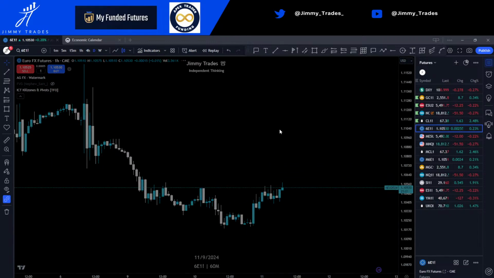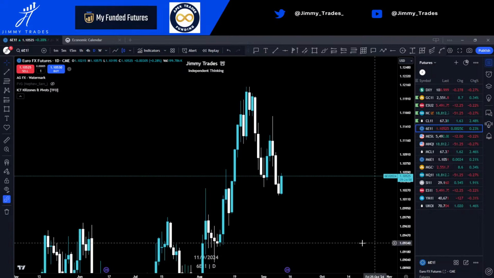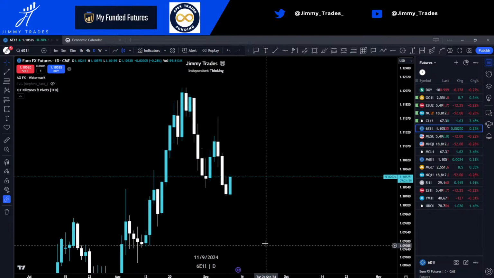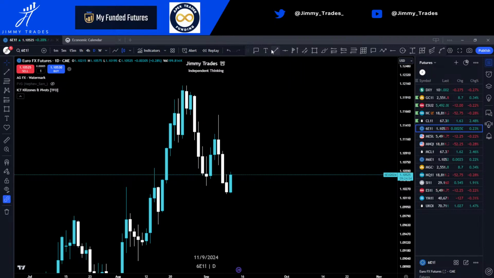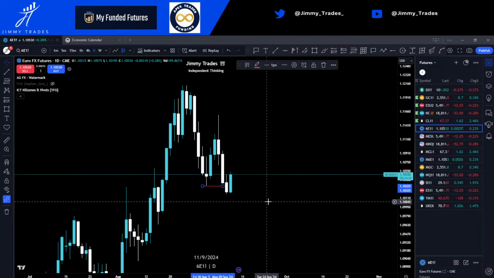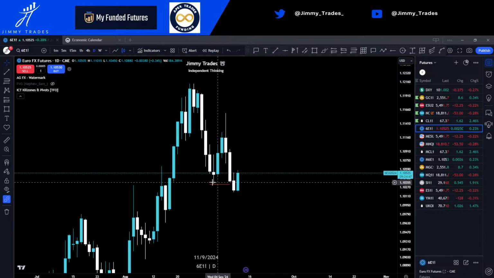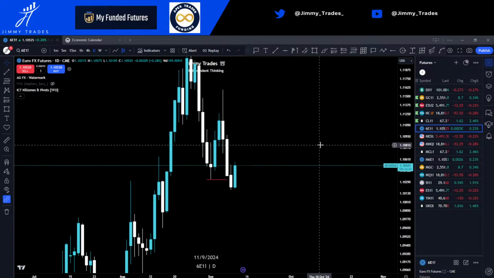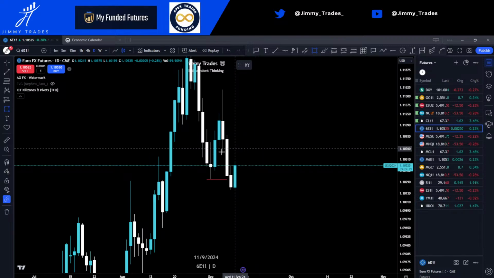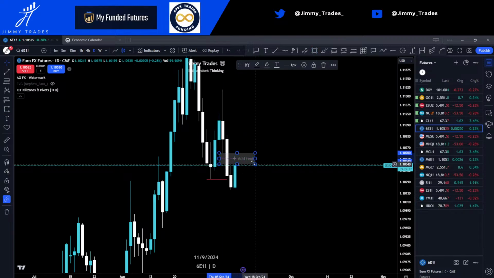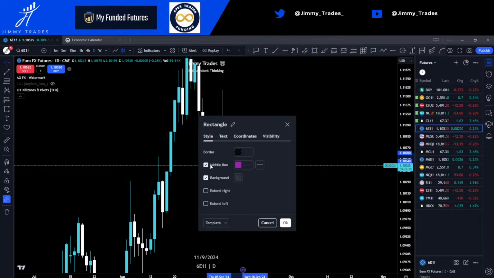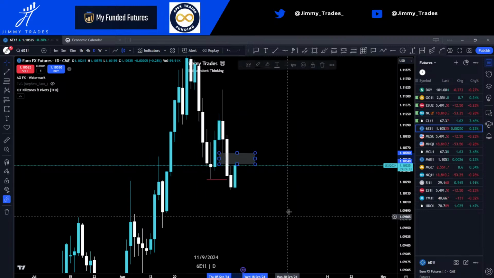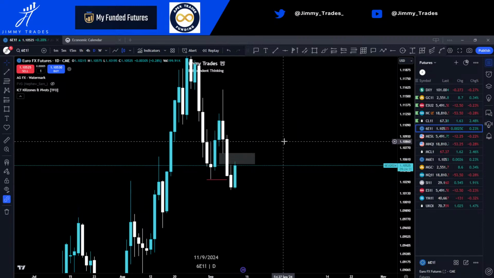Let's have a look at Euro futures. So we're currently located at a swing low, therefore a bullish bias. But the trap here is that we're now inside a bearish FVG.